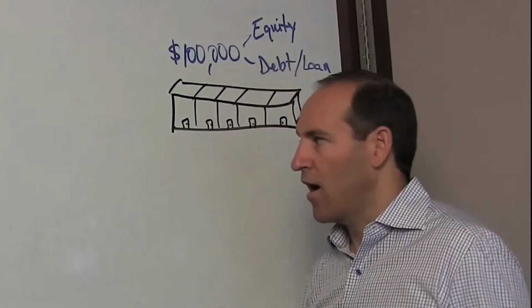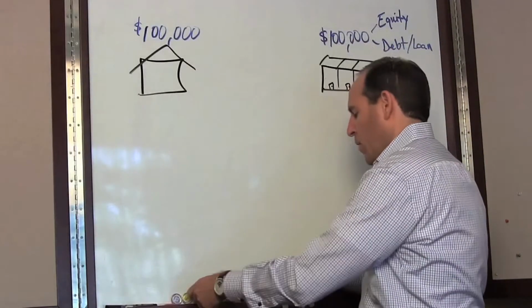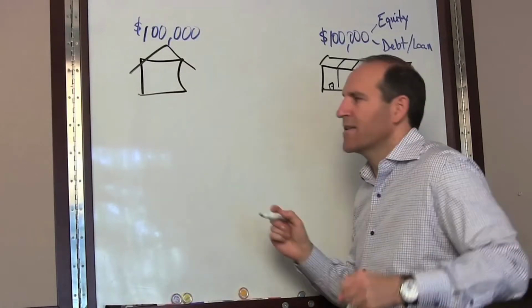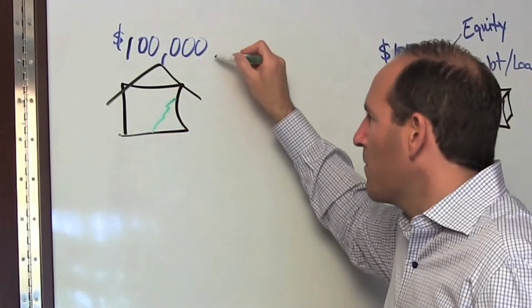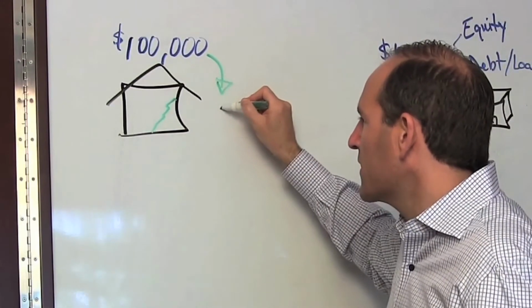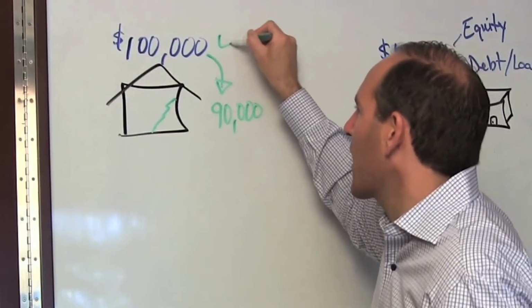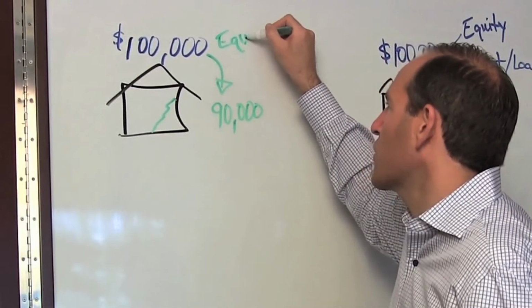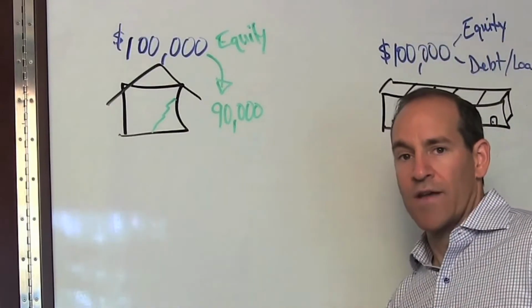Now, here's the trade-off. In this case, let's say your property were to get damaged by a tenant or become broken somehow. Your investment might actually go down to, let's say, $90,000 of value, presuming this is an equity investment. You're the sole owner, and you bear all the risk, and you gain all the upside.